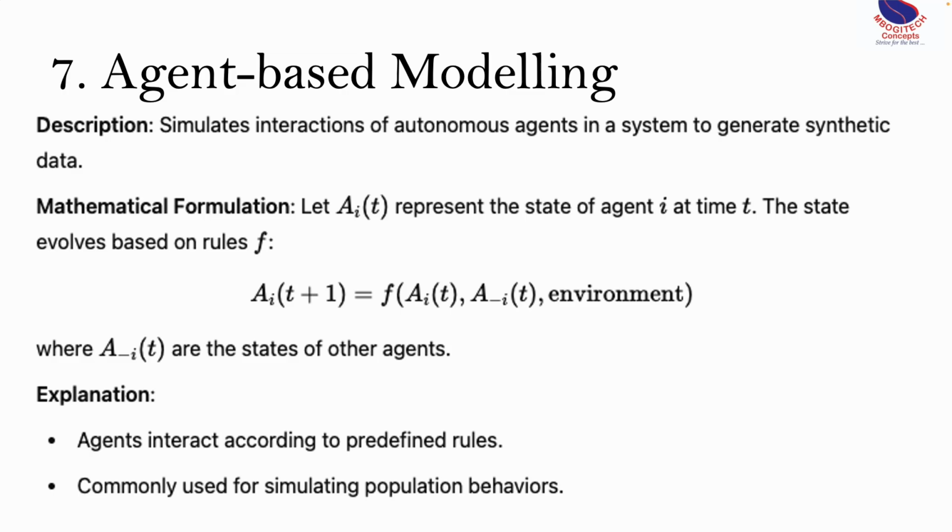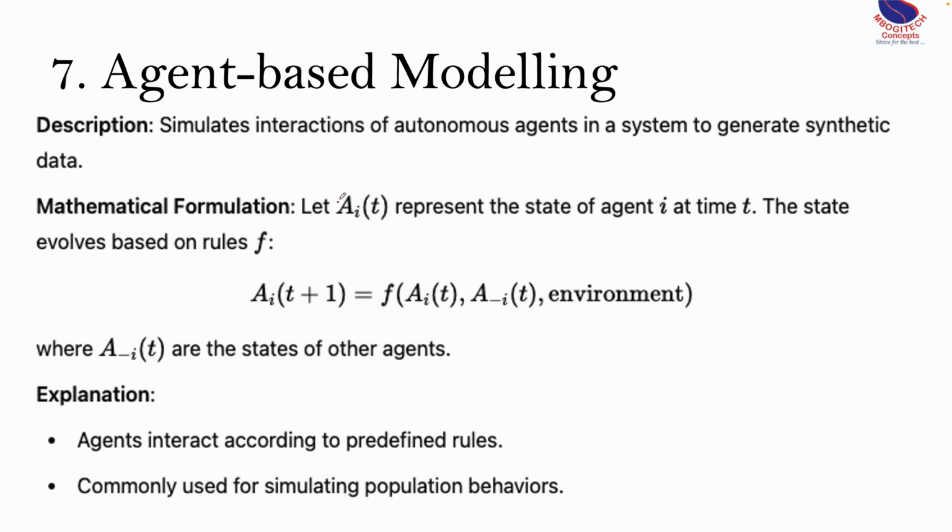And this is the mathematical representation here, where A_i(t) represents the state of agent i at time t, and the states of other agents within the data set also matter. Let me see if I can bring this up. Yes, maybe here.